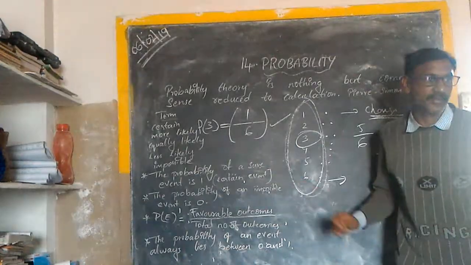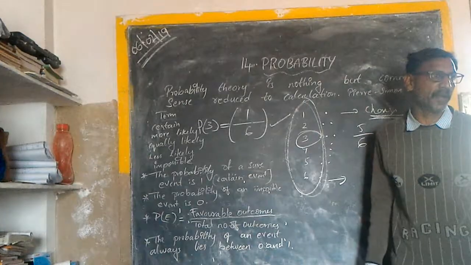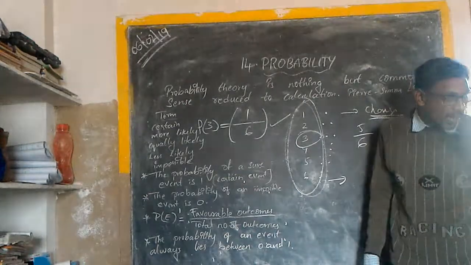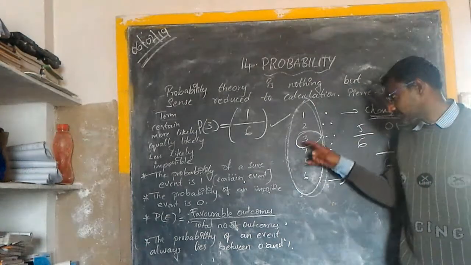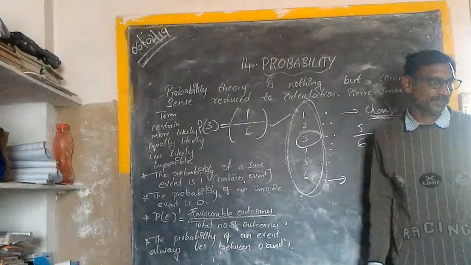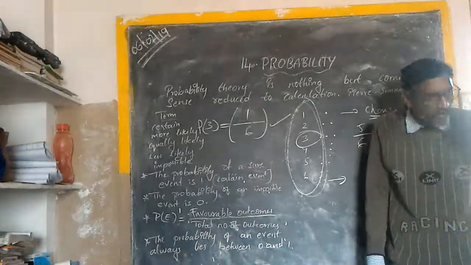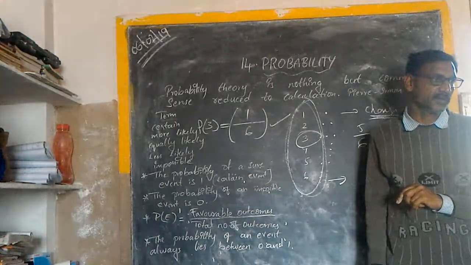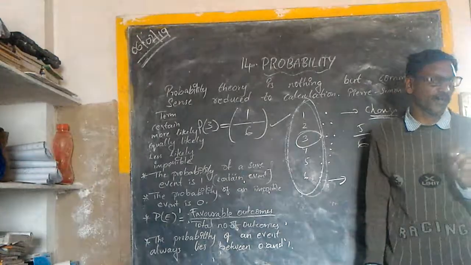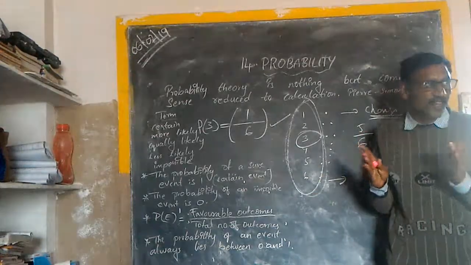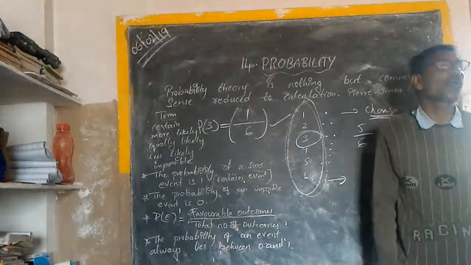This is an event. In a random experiment, every outcome is an event, or a favorable outcome is an event. Is it clear or not? So event is a term which is used in probability.